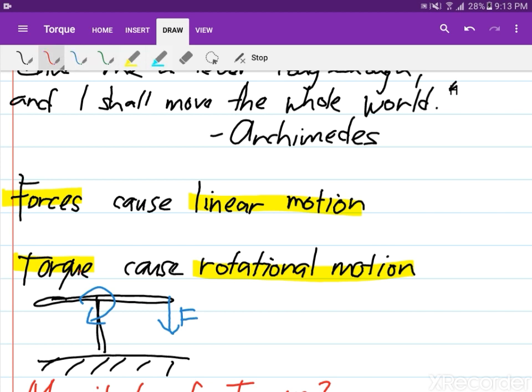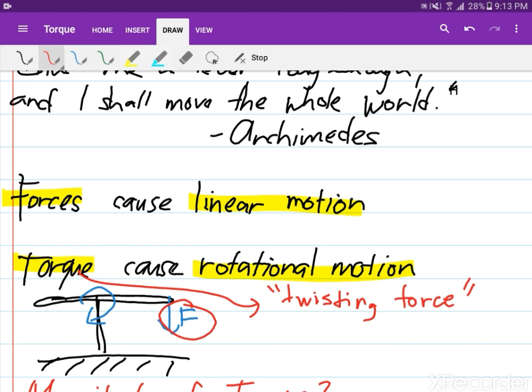So as such, we call torque the twisting force, because it is the force that causes this system to twist in a certain direction. So now we ask, what is the magnitude of this twisting force?